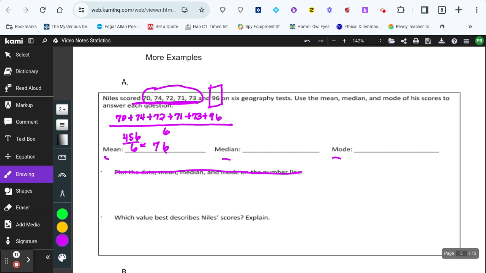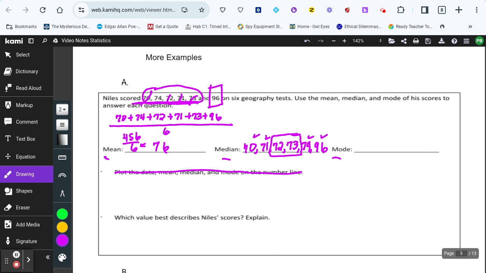So let's put these in order and find the median. 70, 71, 72, 73, 74, and 96. We have two scores in the middle.